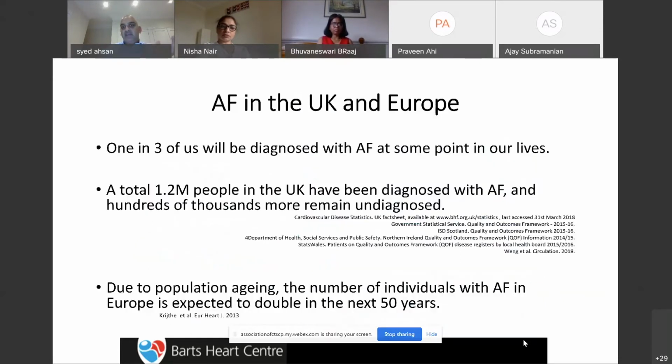And in the UK and Europe, at some point in our lives, 1 in 3 of us will be diagnosed with AF. So it's a hugely common, very important condition. Just over 1 million patients in the UK have been diagnosed with AF, and a lot of patients remain undiagnosed. And again, the number in Europe of patients with AF is expected to double in the next 50 years.